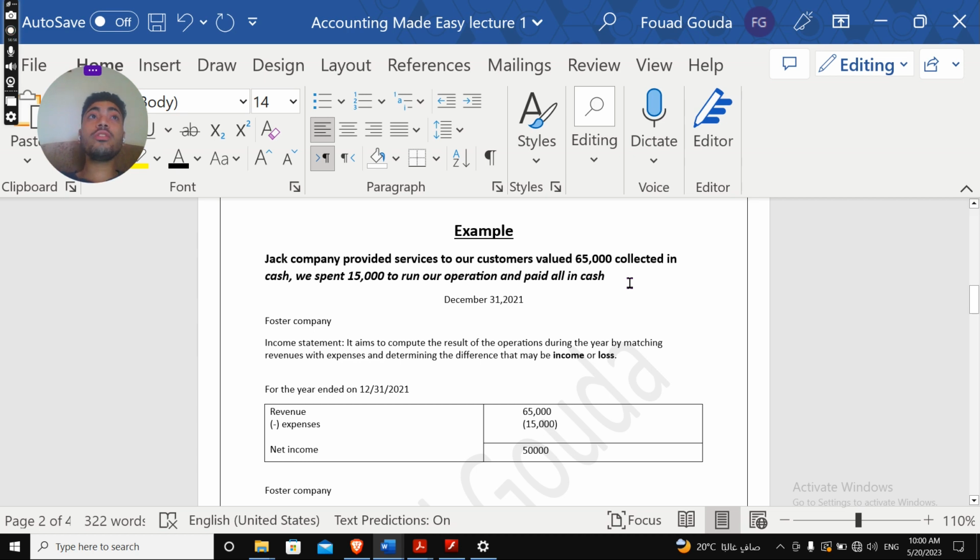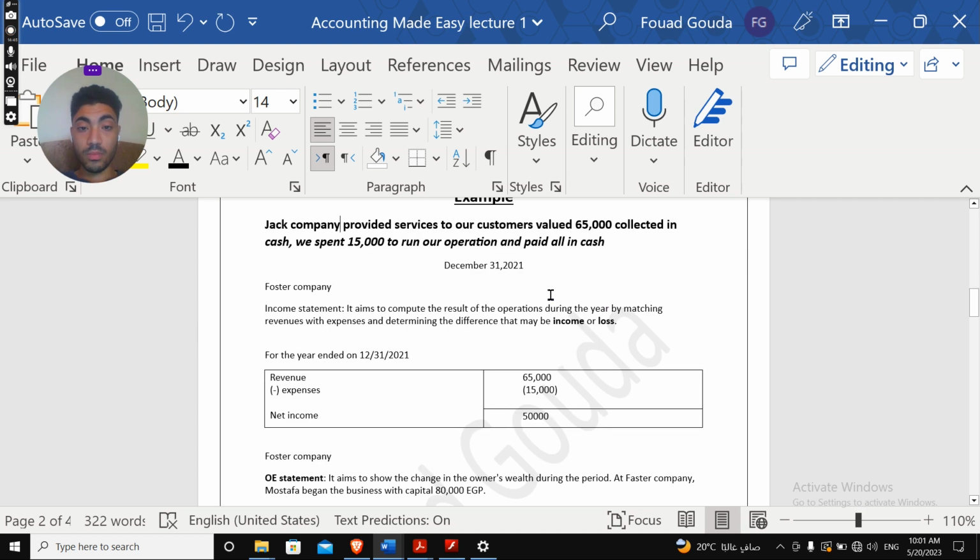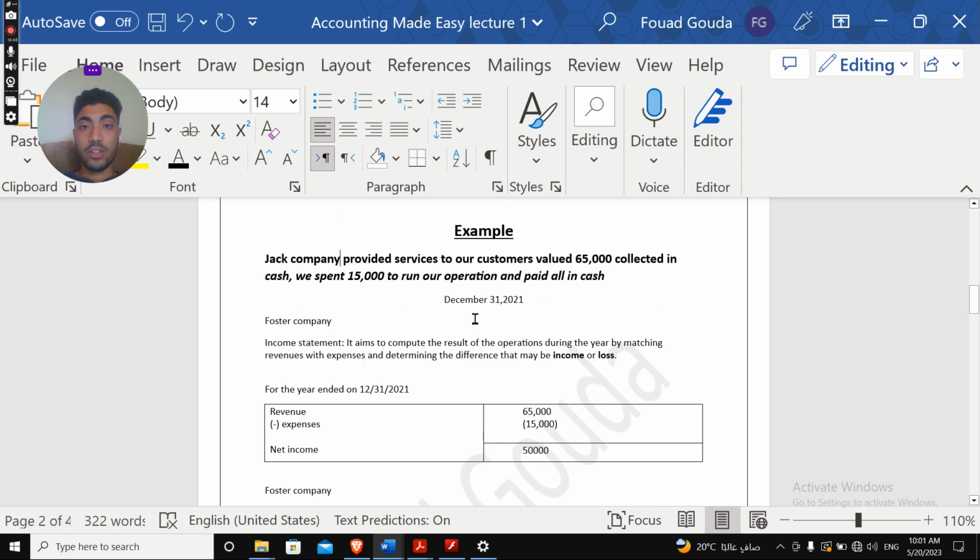The first question we have is, did we make a profit or did we make a loss? This is the first question we will have to answer, and we answer it by a financial statement called the income statement. So this is the first statement that we are going to do. Okay, how to write the financial statement?